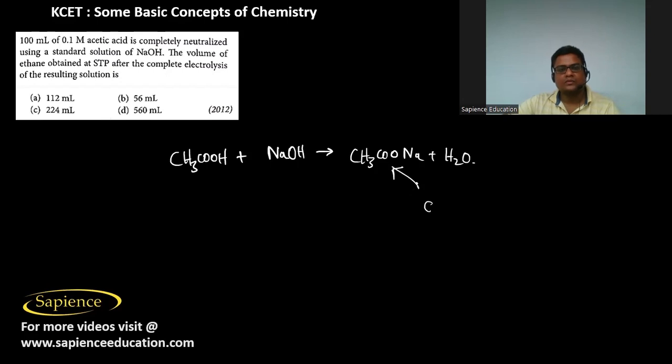On the electrolysis of 1 mole of sodium acetate, 1 mole of ethane C2H6 will be obtained at STP. CH3COONa will react with 2H2O to form C2H6 plus 2CO2 plus 2NaOH plus H2.